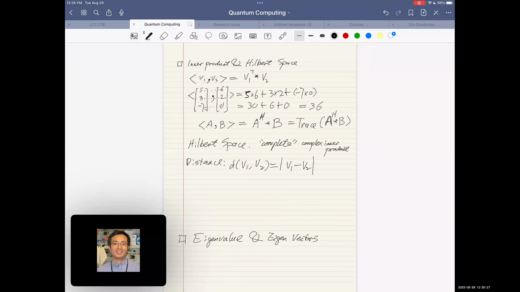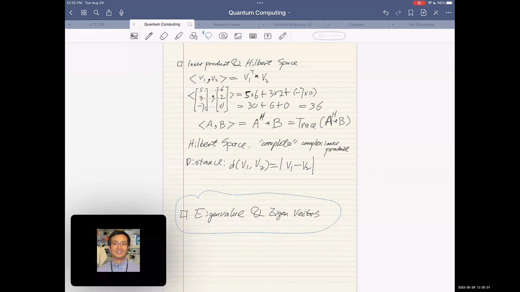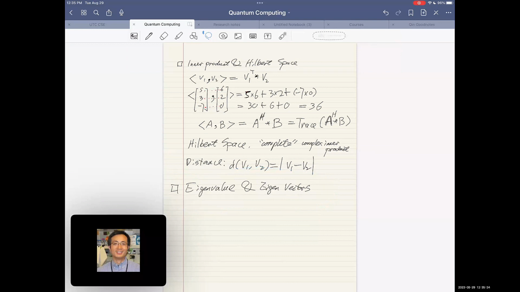The eigenvector and eigenvalue, many of you are probably already familiar with.